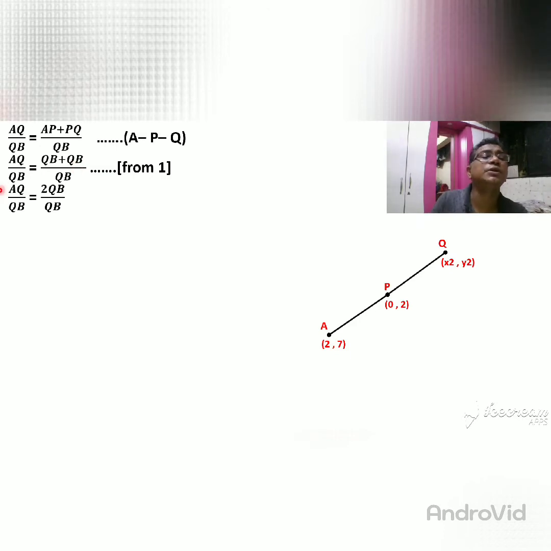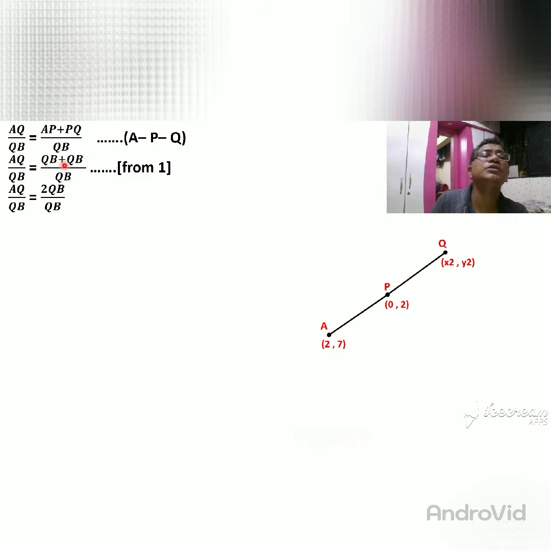So see AQ upon QB is equal to 2QB upon QB. Do you understand how you are getting this QB? AP is equal to QB, so here is QB. PQ is equal to QB, so here is QB, according to the first statement they have given.